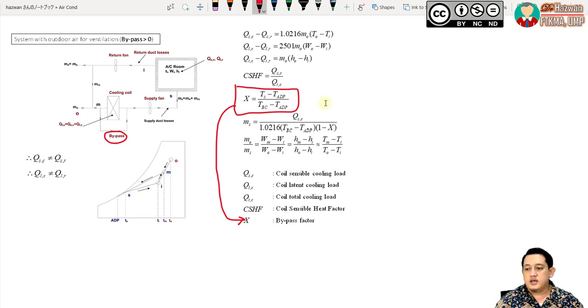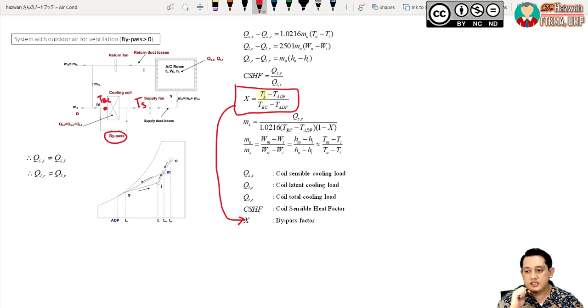So here, again, as you can see, TS is this one. TBC is this one, the temperature before entering the cooling coil if we want to measure it.